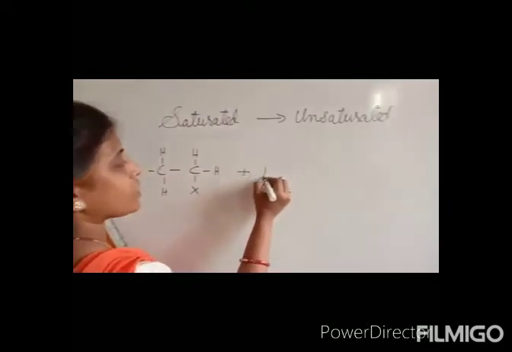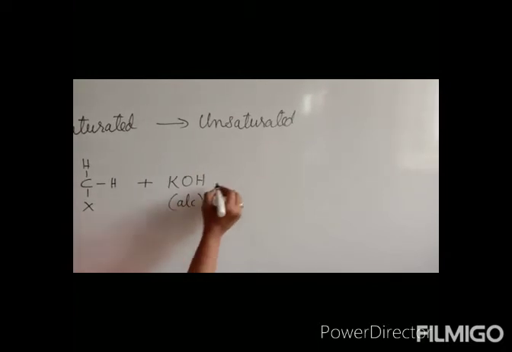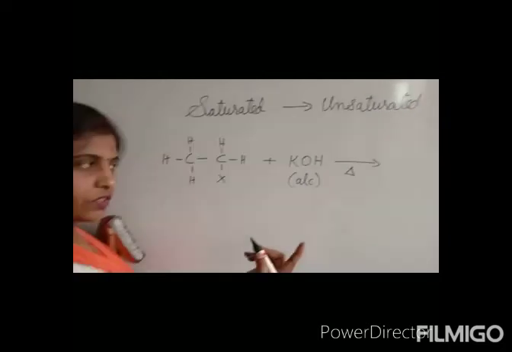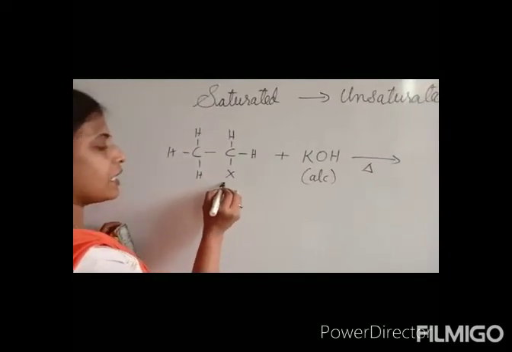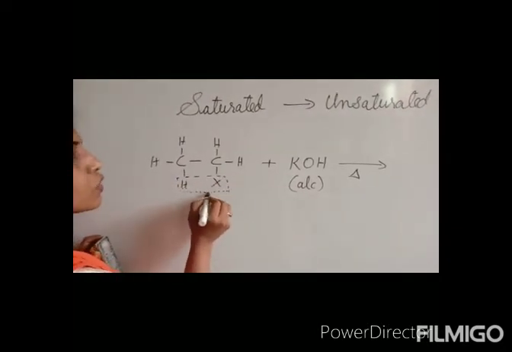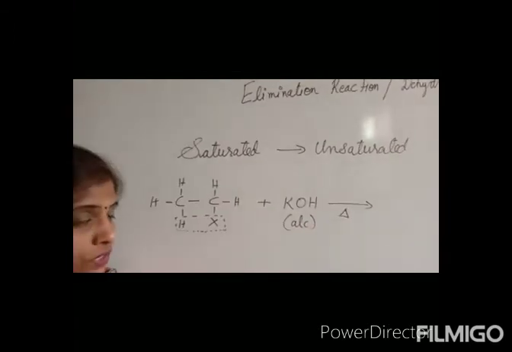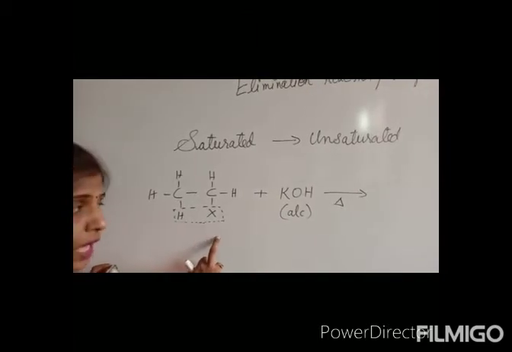So this reaction is done with the help of alcoholic KOH group. We are heating it out. In the elimination reaction, we are eliminating a hydrogen and a halogen, and therefore this reaction is also termed as dehydrohalogenation reaction, removing a hydrogen and a halogen.